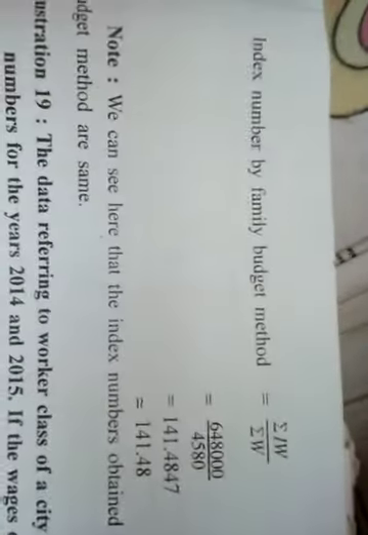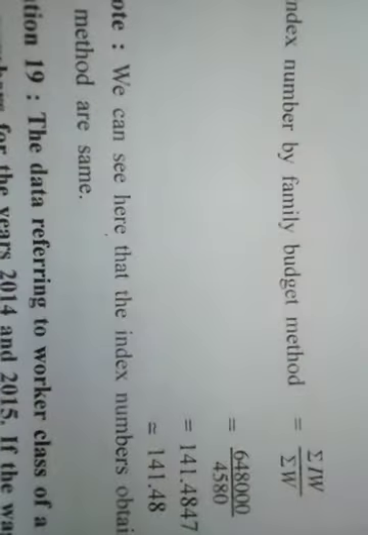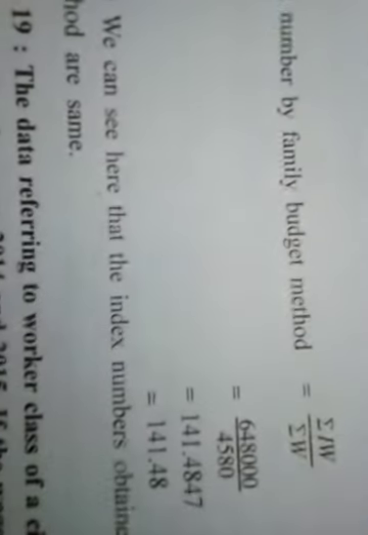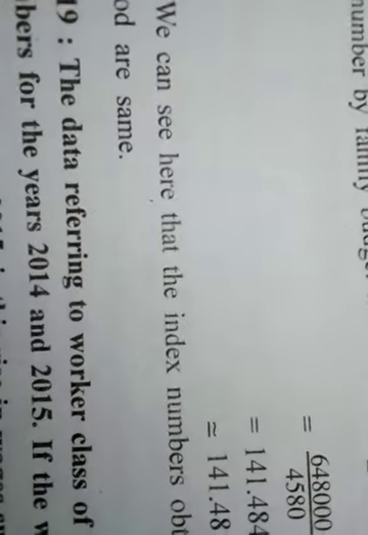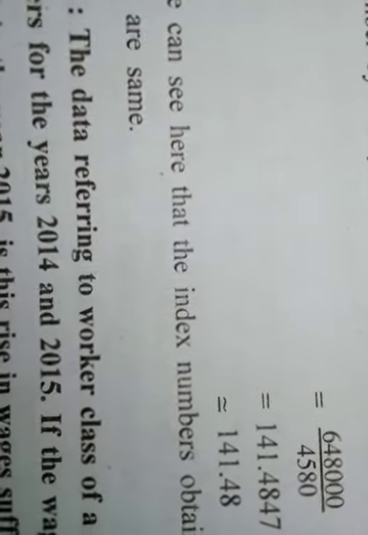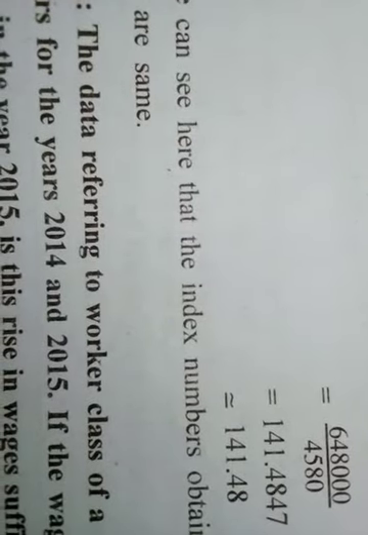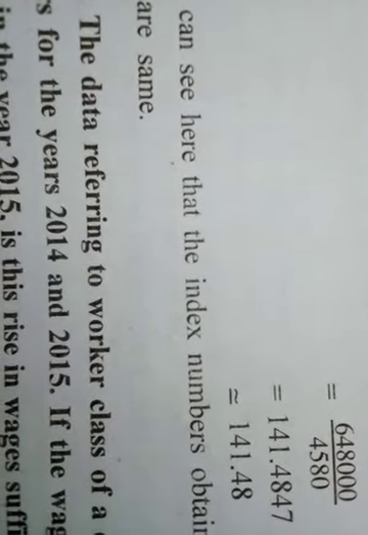By the family budget method, the index number is equal to sigma IW upon sigma W, and we will get the answer as 6,48,000 upon 4,580, and we get the same answer as we got earlier, 141.48.